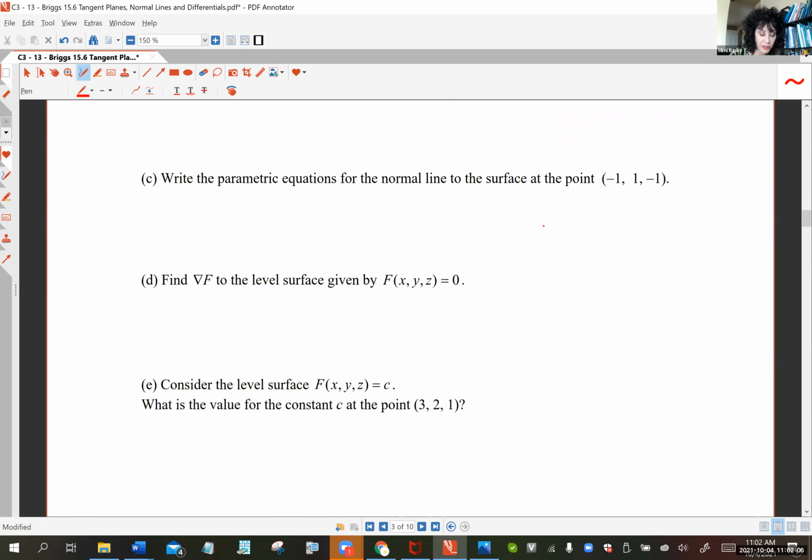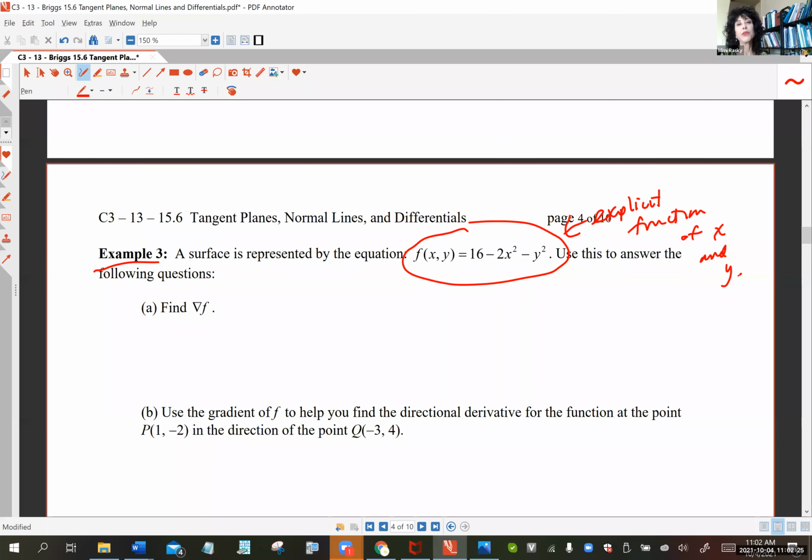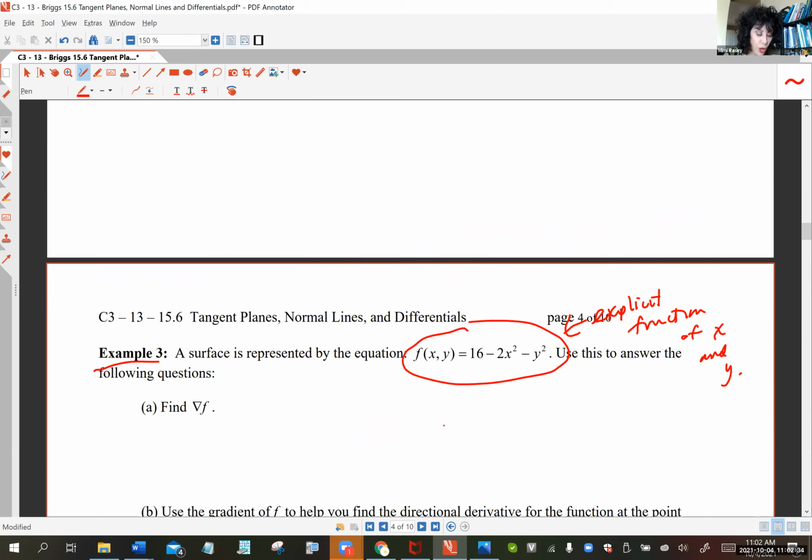If you have an implicit function, you have to use those special formulas. Now, the next example we'll do after example 2, you'll notice a very different look. This is an explicit function of x and y. Very different flavor, okay? And I want you to notice how we have different approaches to these 2 different equations, but both of them represent surfaces in space. It's not like they don't.